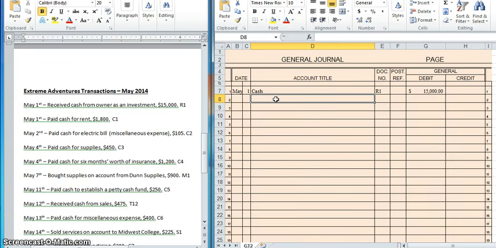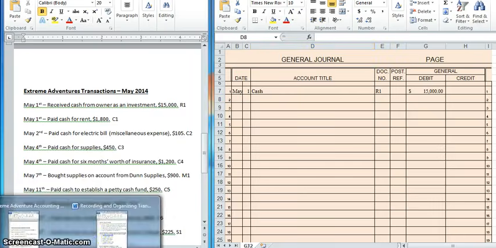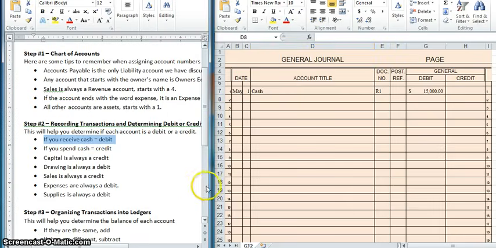Now, I still need to do the credit transaction. My owner gave us this $15,000. So if I go back to my cheat sheet again, the owner has 2 accounts. They have the capital account and they have the drawing account. The capital account is used whenever they give money to the business.